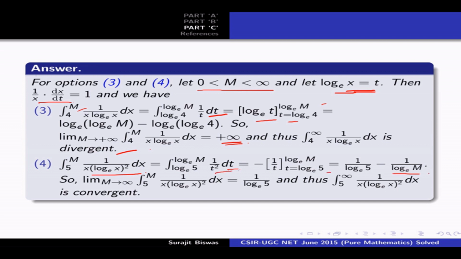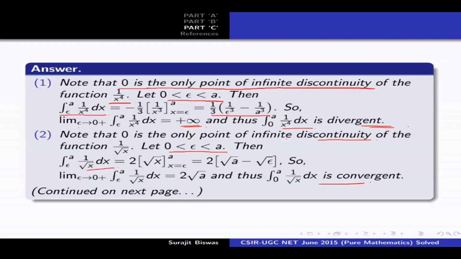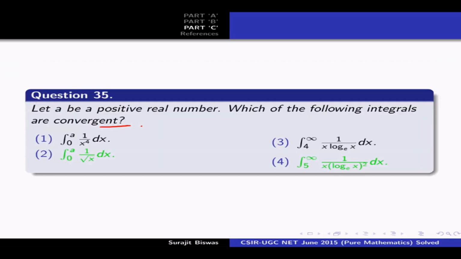Taking m tends to infinity, we have the value 1 by log 5, and thus the integral from 5 to infinity of 1 by x (log x) squared dx is convergent. Okay, so the correct options are here: this converges and this converges.